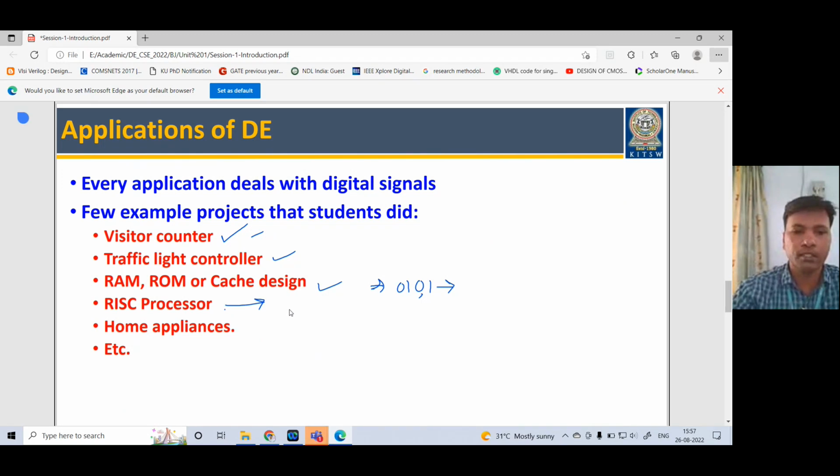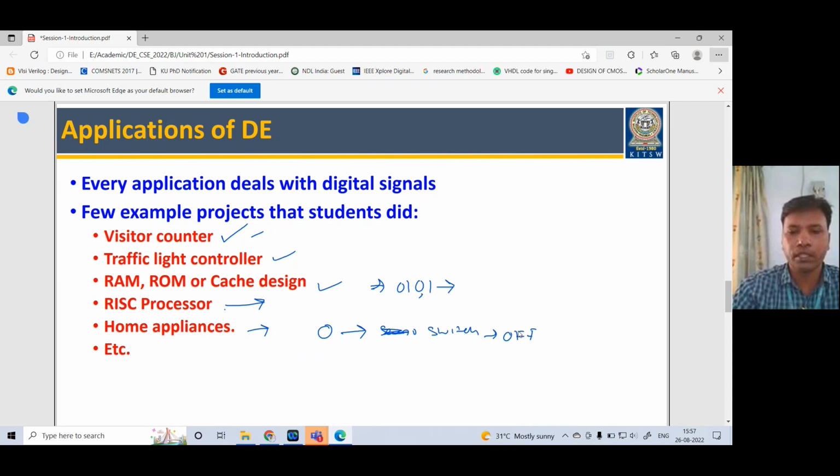Simple processors like RISC processors, and home appliances like a water geyser or water purifier, where the sensor automatically turns off when the level or the temperature is reached. Definitely it requires a digital signal. If you are giving logic 0 to the switch, the switch will be off.